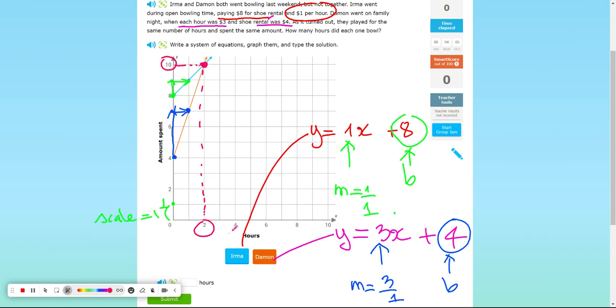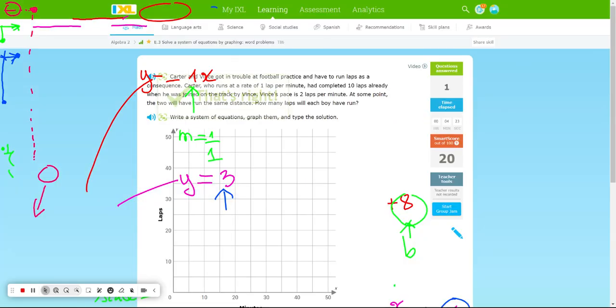So the question is, how many hours did each one bowl? I put 2 into the answer box, and submit. I should be correct. Submit, voila.